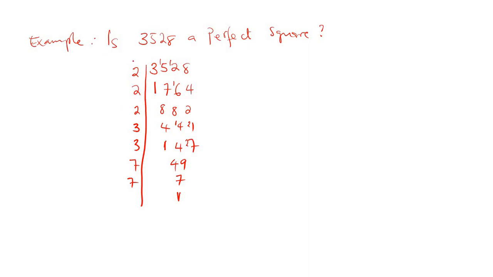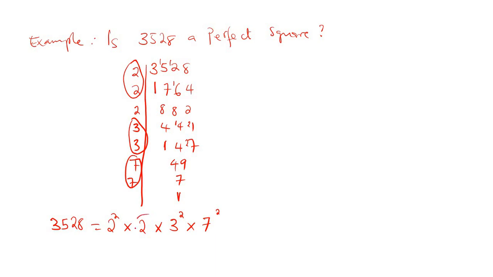So let's pair the numbers. We have this pair, and we have this pair. So we are having 3,528 to be 2 squared times 2 times 3 squared times 7 squared.